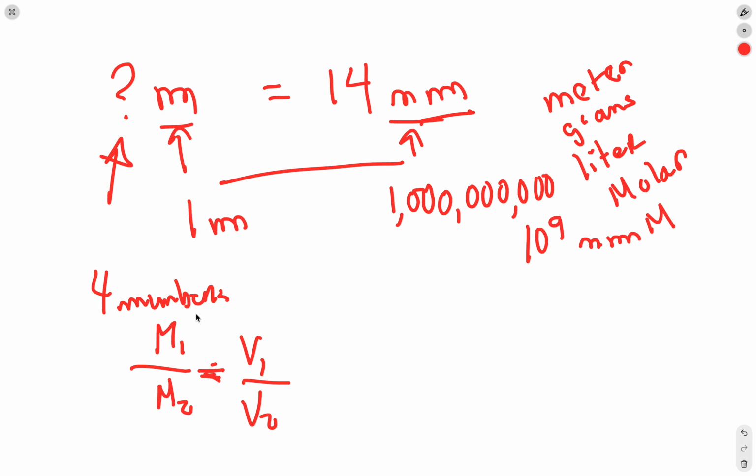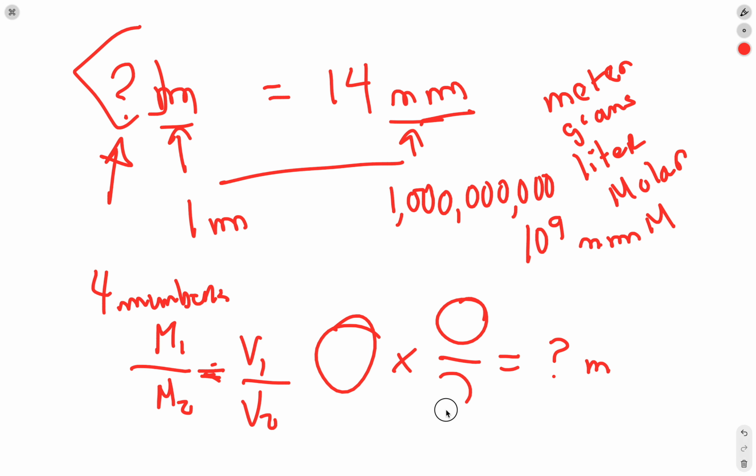But the first step is really to find out which one of those is the unknown, and then rearrange this equation so that it's equal to that unknown. And over here, we're going to have these 3 numbers. And it's going to look like that after we solve this. It's always going to look like that.